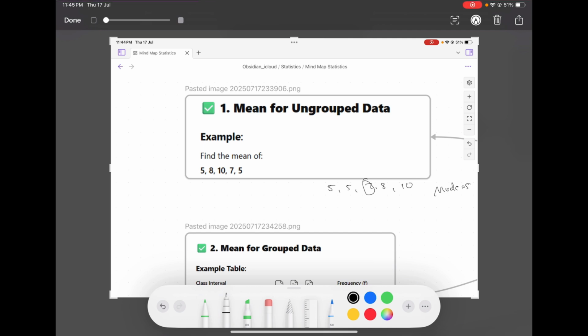The mean you can calculate by summing up all these and dividing by the total number. So it is 35 divided by 5, that is 7. So this is the mean. The mean and median are both the same and the mode is different, that is 5.